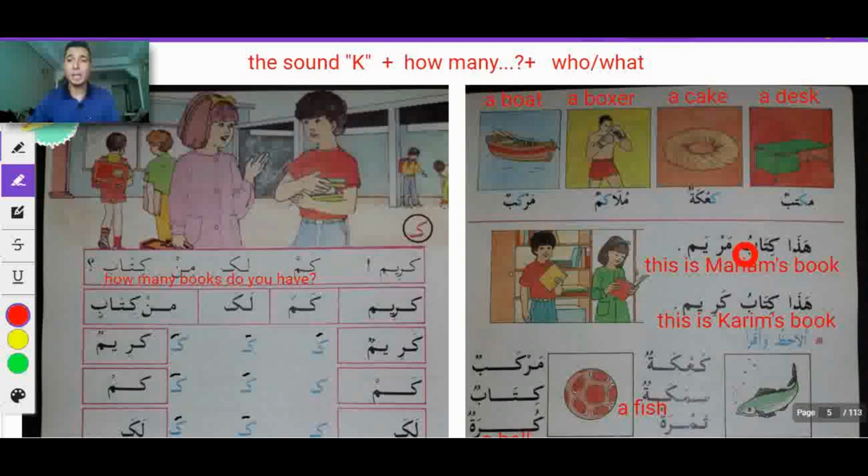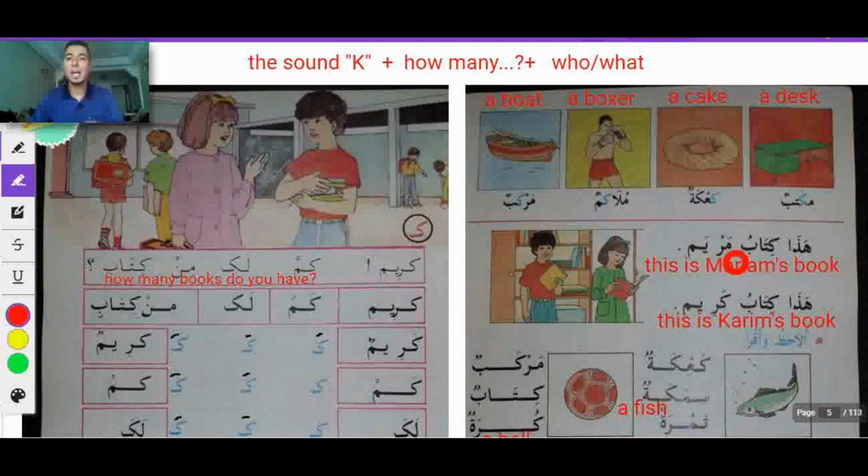So here what do we have? We want to point out a book, and a book in Arabic is considered male. So we will say هذا كتاب. And if we know to whom it belongs, for instance for this one we will say هذا كتاب مريم.